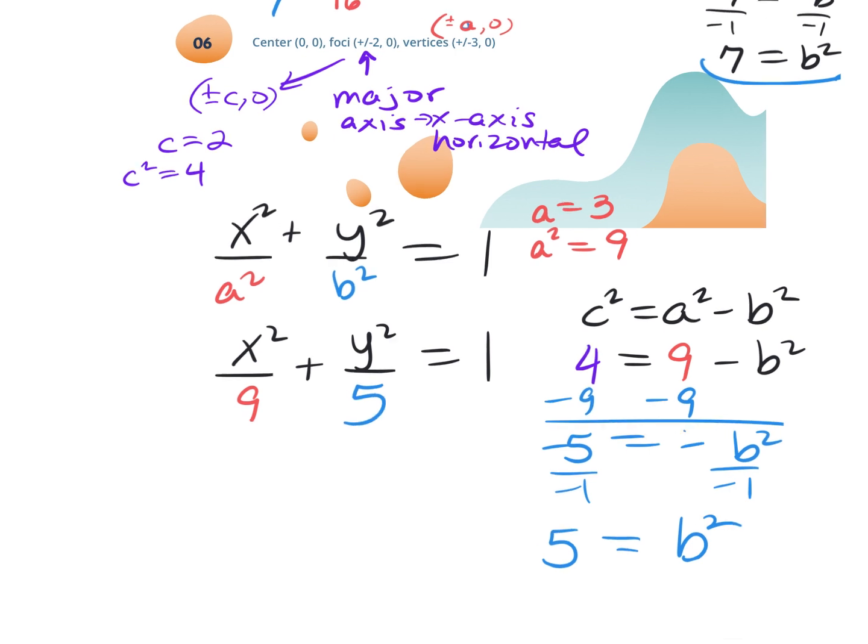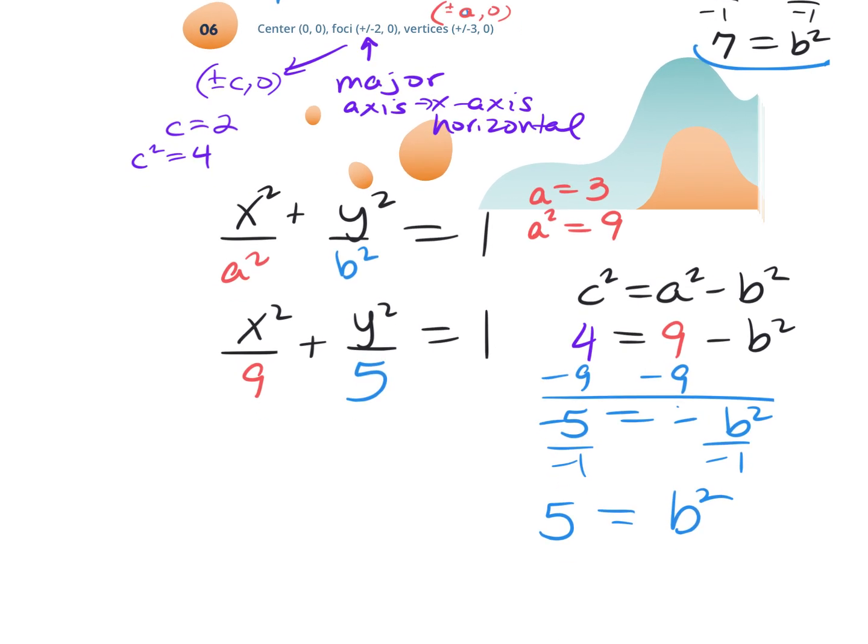If you wanted to give yourself a visual, you could have graphed it. You could have graphed your 2 focus points. So my 2 focus points were negative 2, positive 2, located along the x-axis here. And then that would have given me my c value, because remember the c value is the distance that the focus is from the center.